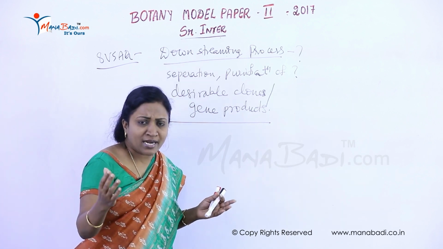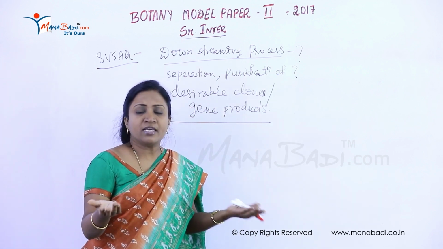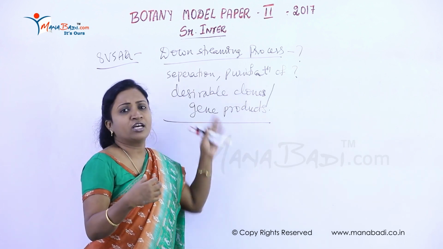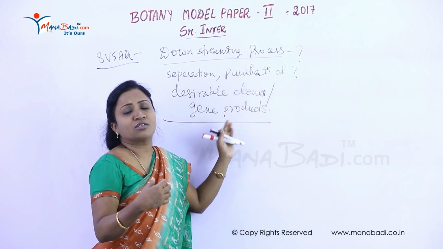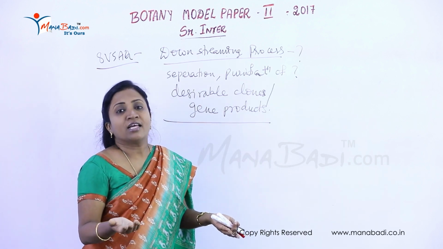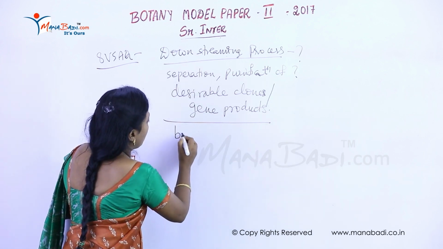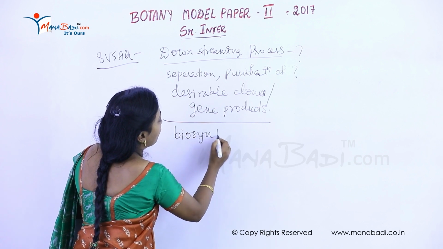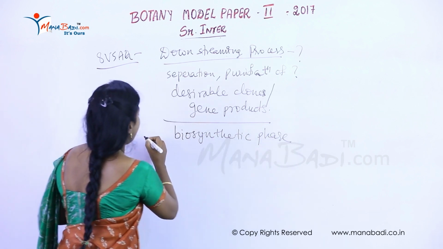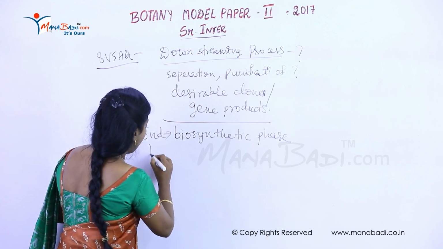As the question asks what downstreaming is, we have defined it as a process of separation as well as purification of desirable clones as well as gene products. This downstreaming process is done usually at the end of the biosynthetic phase, and before what?